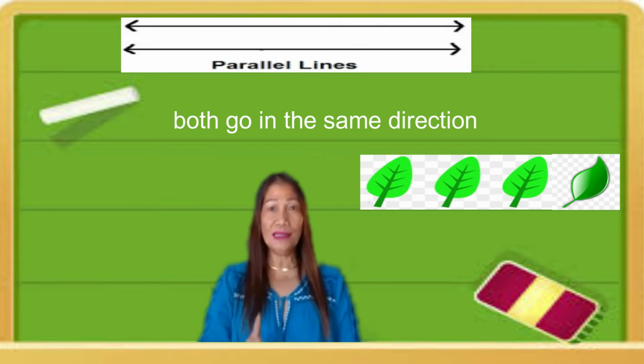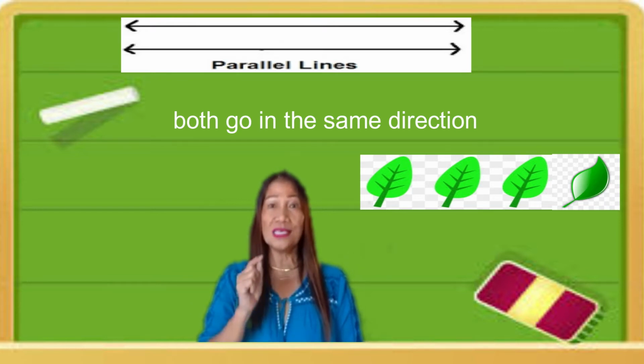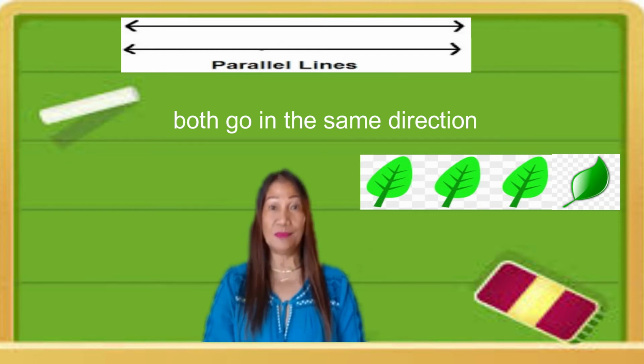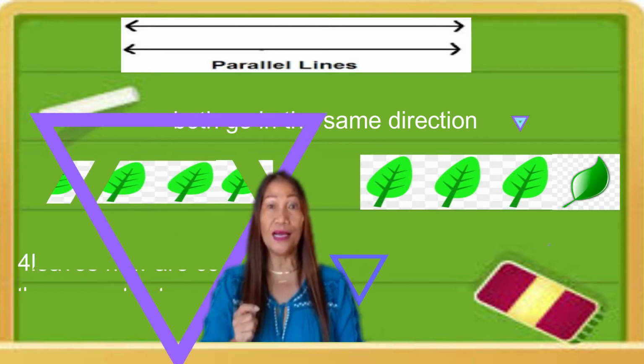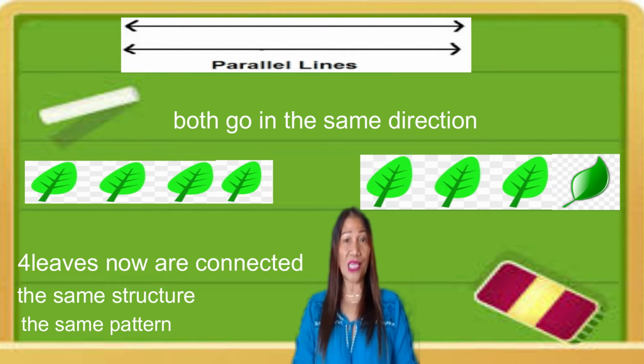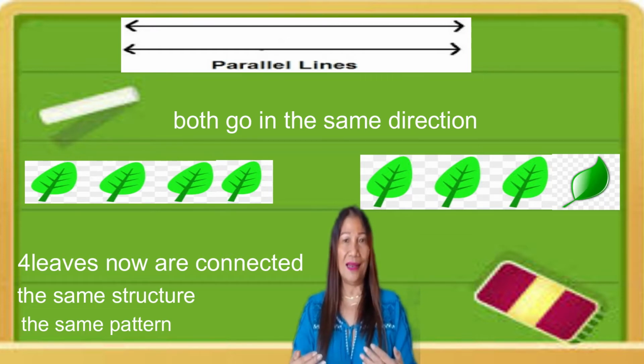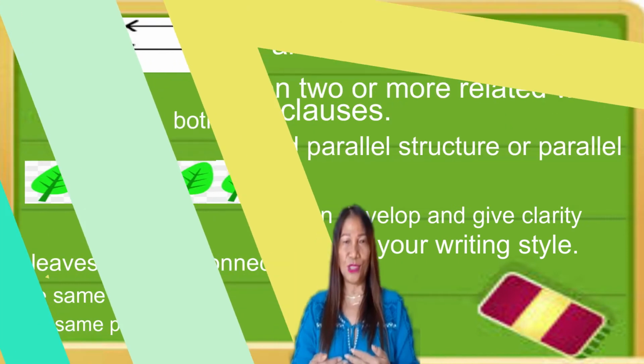There is only one leaf which is not related, which is not connected, which is not in the same structure. So in order to become equal, we are going to replace it with the same leaf. There it is. They are now the same structure, the same pattern, and equal, connected to each other.